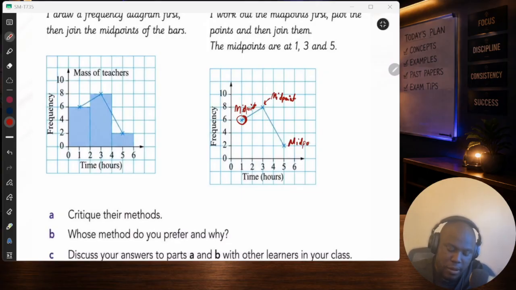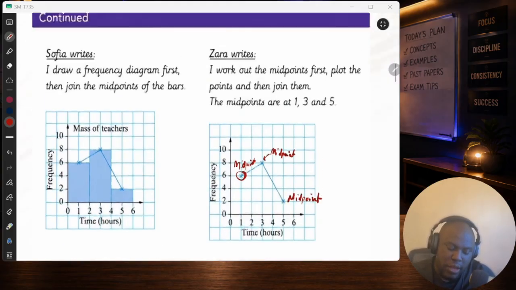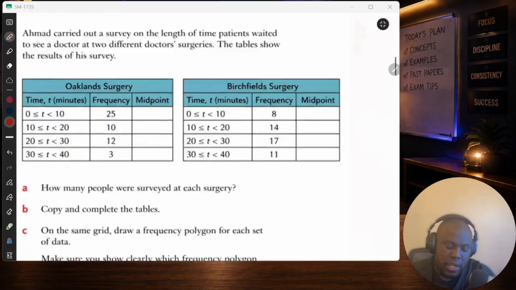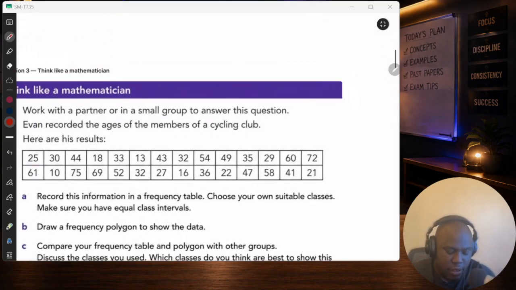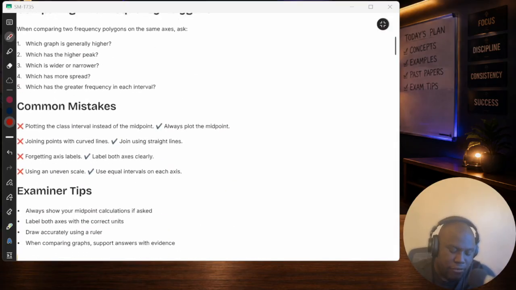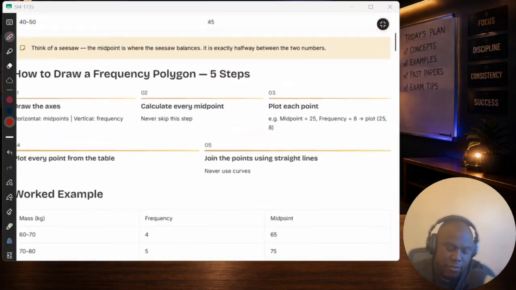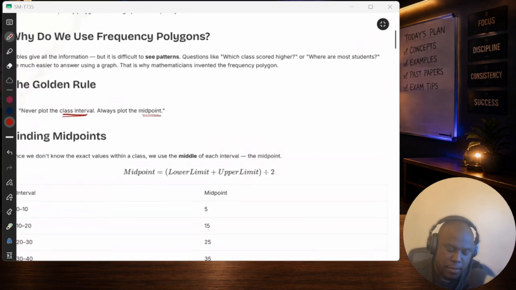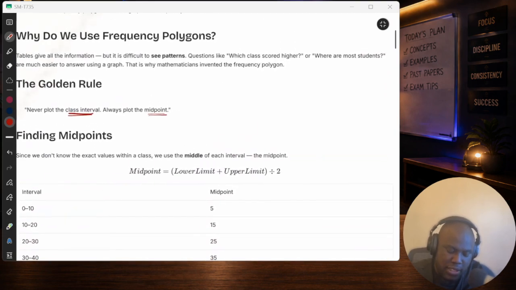So if somebody asks you, what is a frequency polygon? I want you to tell them that a frequency polygon is a graph, and this graph has midpoint plotted against frequency. That's why we call it a frequency polygon.